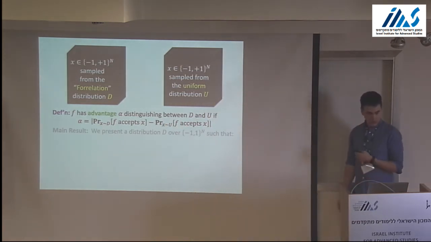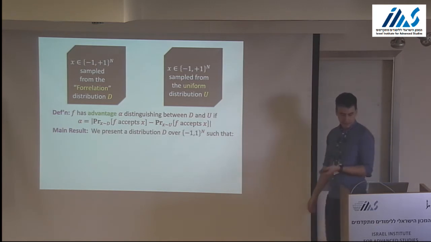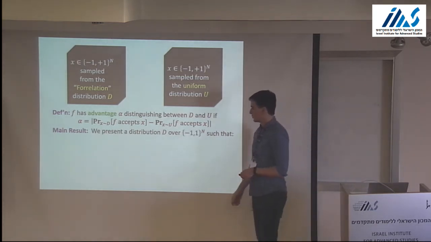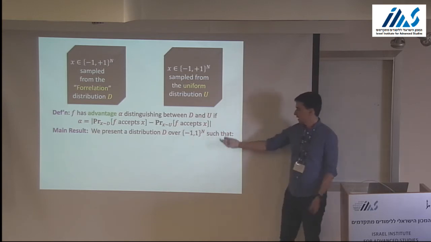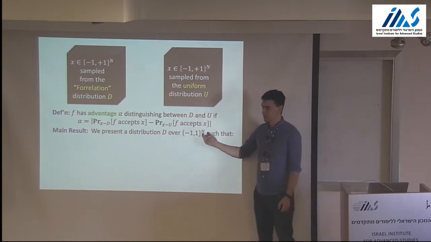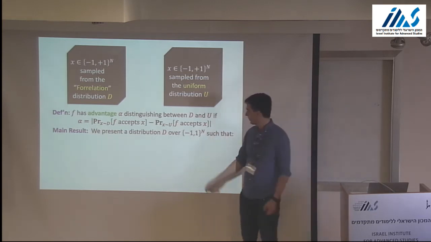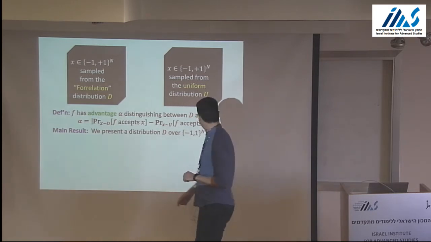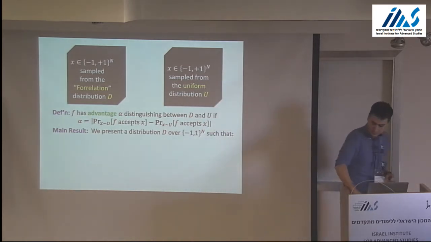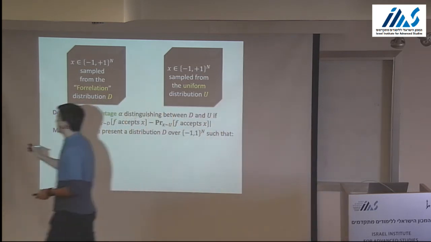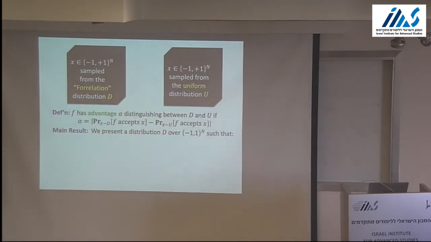Okay. So the main result is that we present a distribution, the correlation distribution, over strings of length capital N, and you should think of this as really exponential in little n. So you should always think of capital N as exponential in little n.